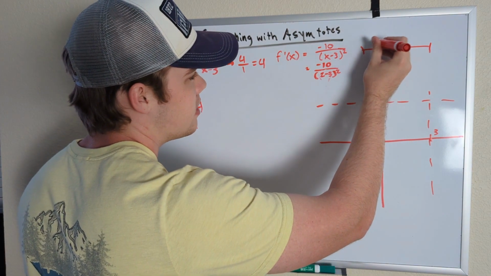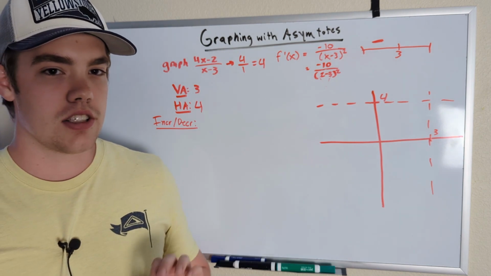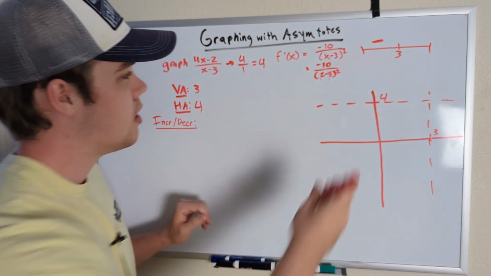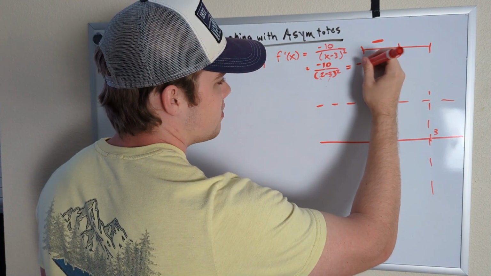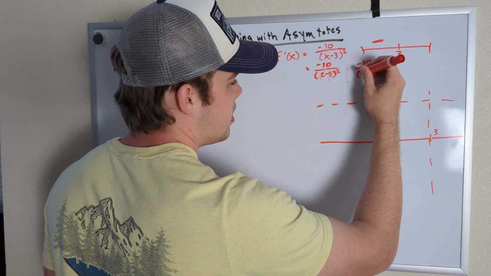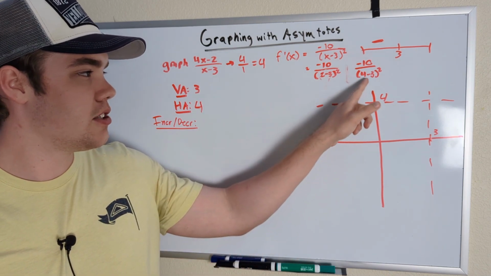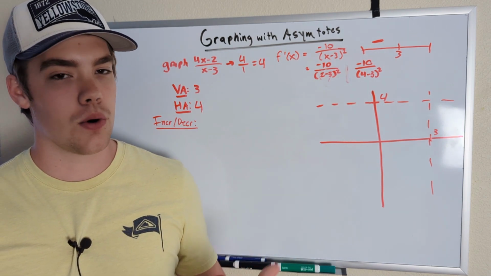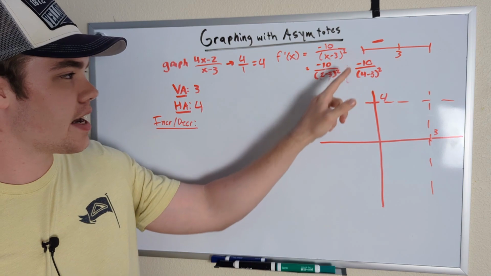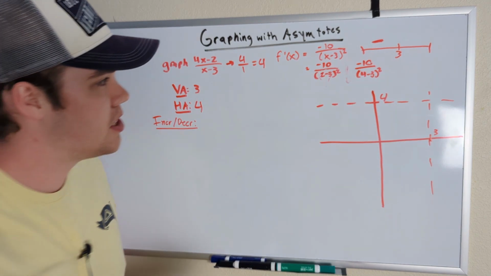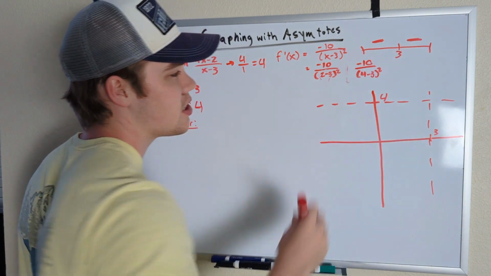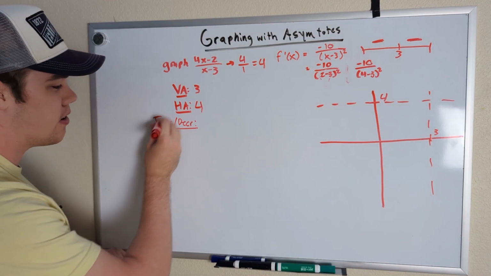So below 3, this graph is decreasing. Now let's plug in a number slightly above 3, say 4. We get -10 divided by (4 minus 3) squared. Once again, 4 minus 3 equals 1, and 1 squared is just 1. So we end up having a negative number divided by a positive number, which again is negative. So this graph is decreasing everywhere. We don't have to worry about that.